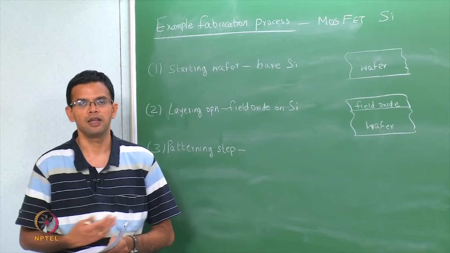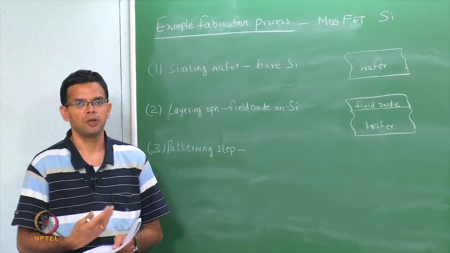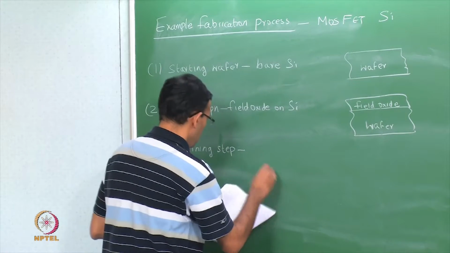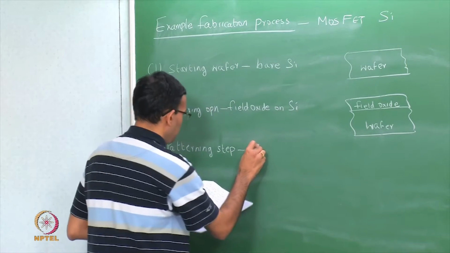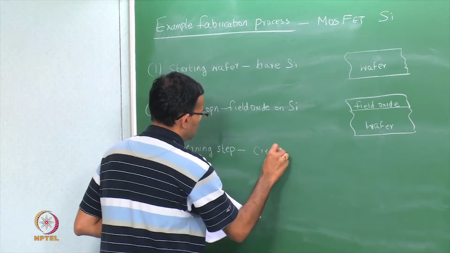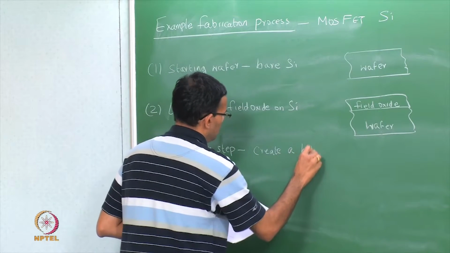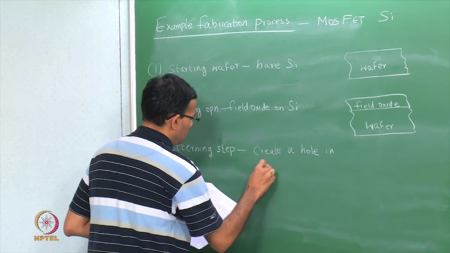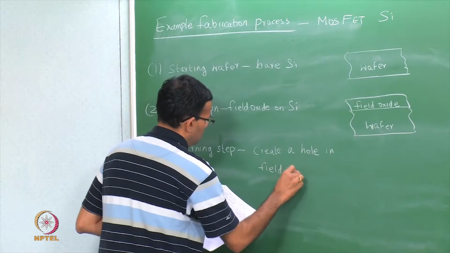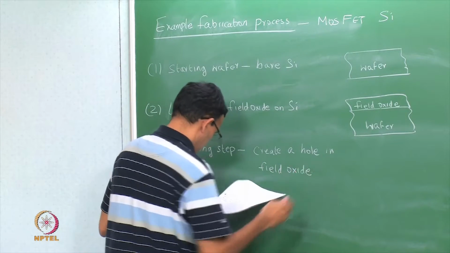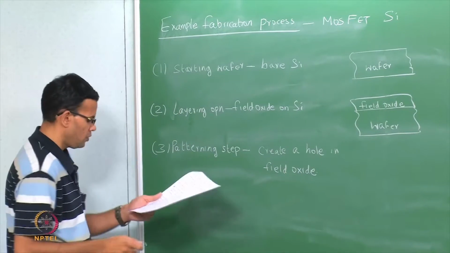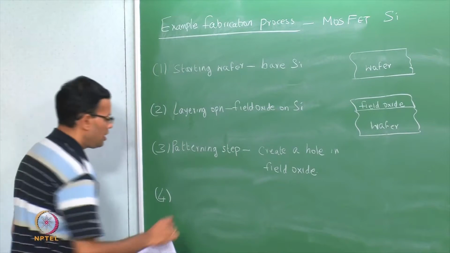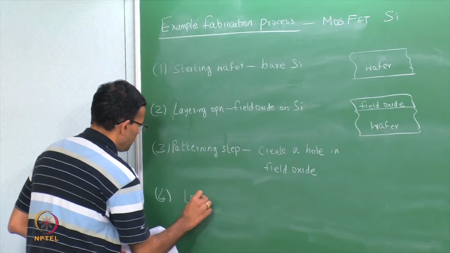So, mask we will look at later, but we use the appropriate mask to create a window. So, you create a hole in the field oxide, and now you are going to grow an oxide layer. So, this oxide layer is the gate oxide. So, this is again a layering step.